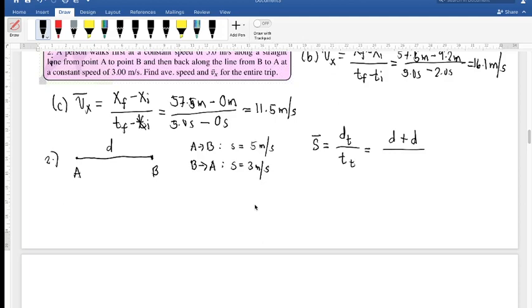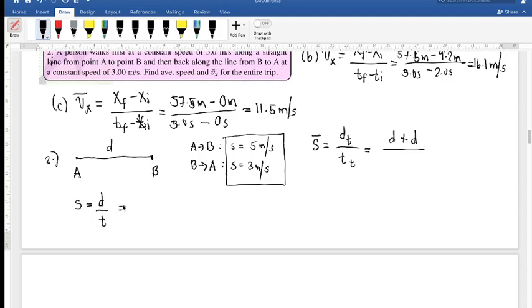How about yung total time niya? So using this known na value, we remember that S is equal to D over T, di ba?